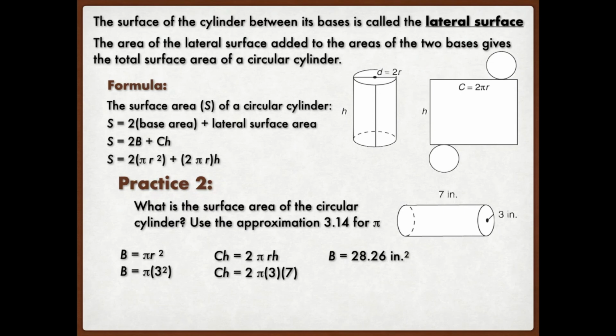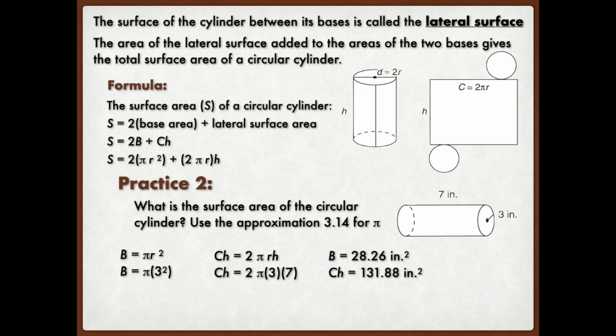And then for the circumference, remember circumference is 2 times pi times radius. And what we have here is radius is 3. We do 3 times 3.14 times 2. And then our height is 7.